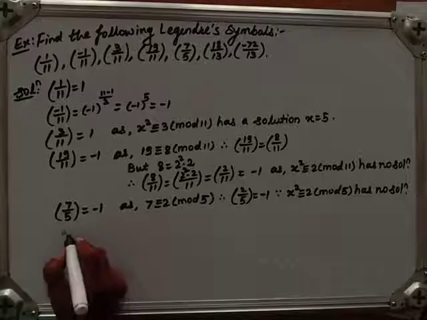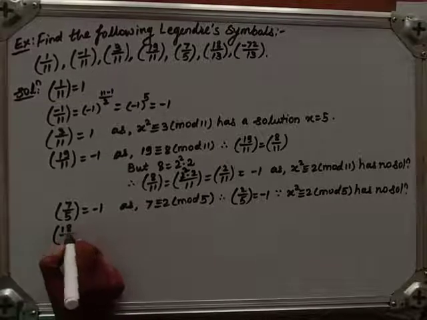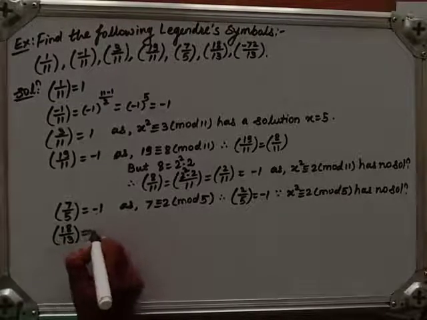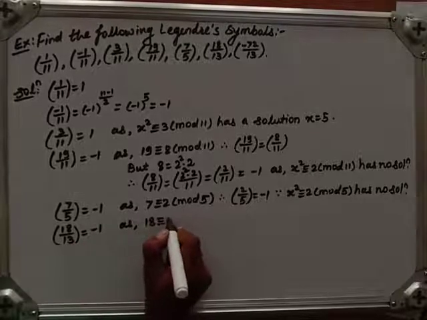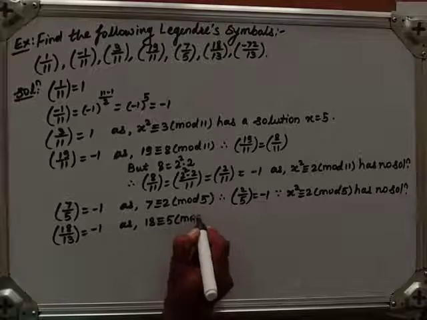Then next, Legendre symbol of 18 by 13 is minus 1, as 18 is congruent to 5 modulo 13.